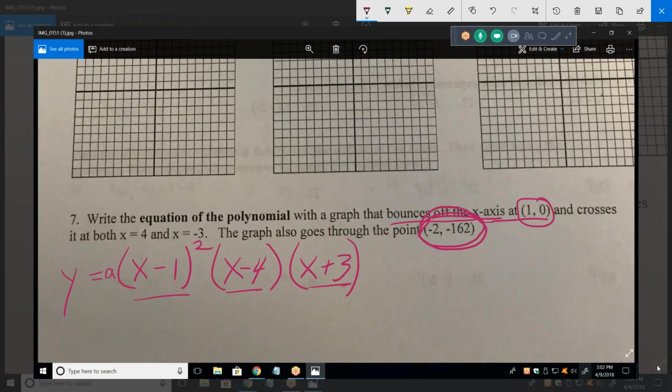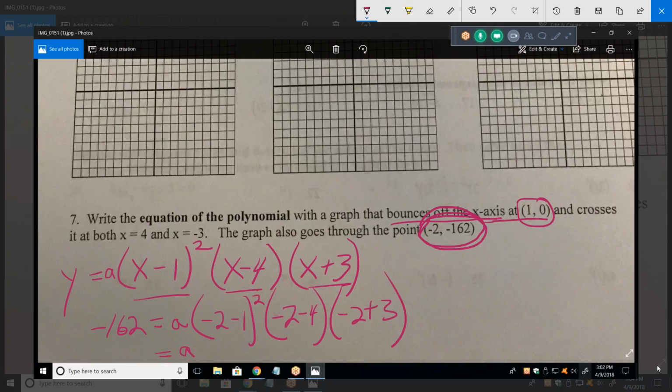Well, y is going to be minus 162 equals A times minus 2 minus 1. You see what I'm doing? Yeah. Minus 2 minus 4, minus 2 plus 3. That's going to allow us to solve for A. So what do we got here?